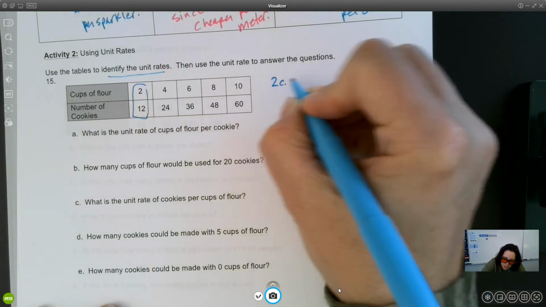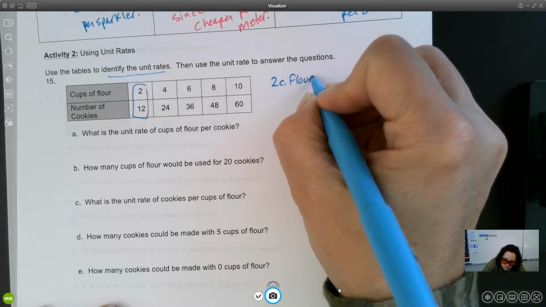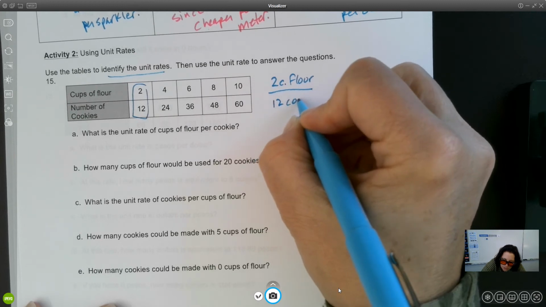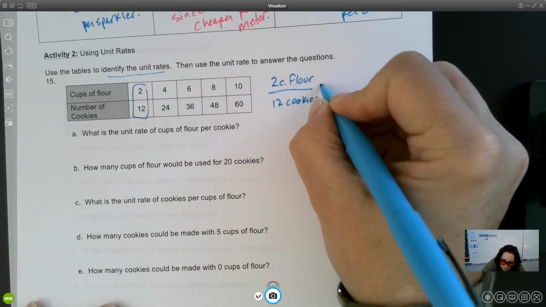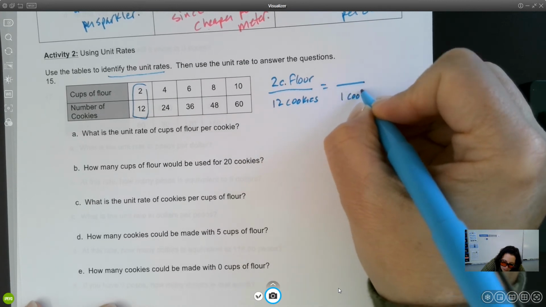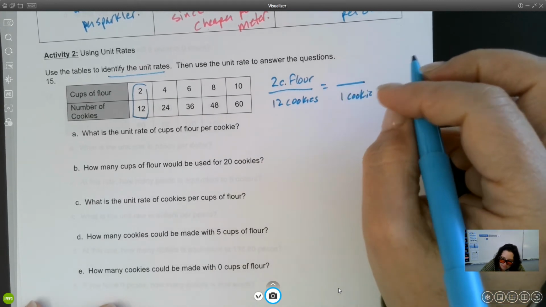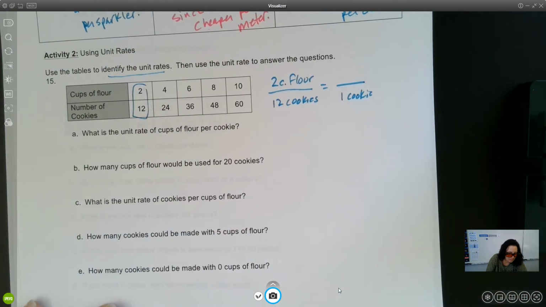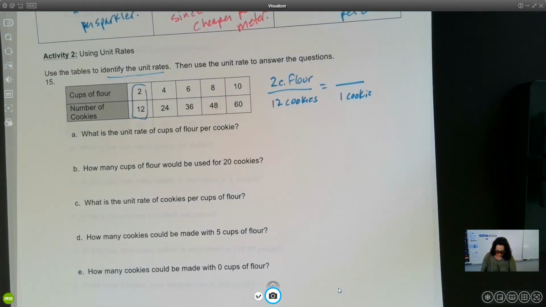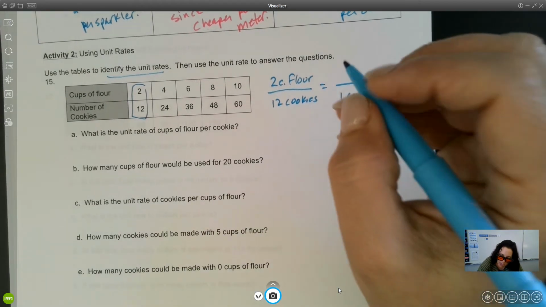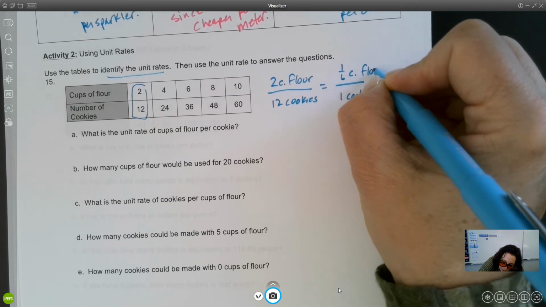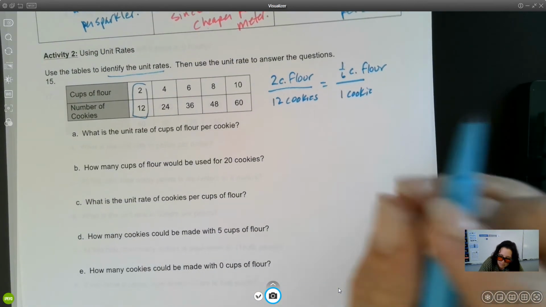So I've got 2 cups flour for 12 cookies. I want to know how many cups of flour for 1 cookie. If I divide by 12, I would have 1/6 cup of flour for one cookie.